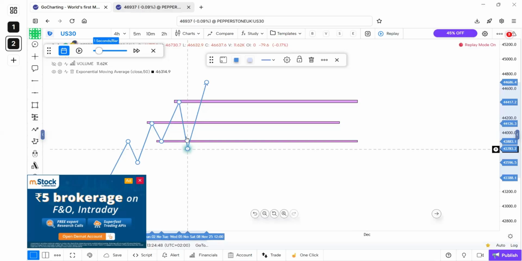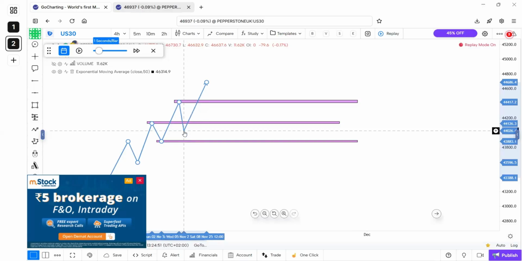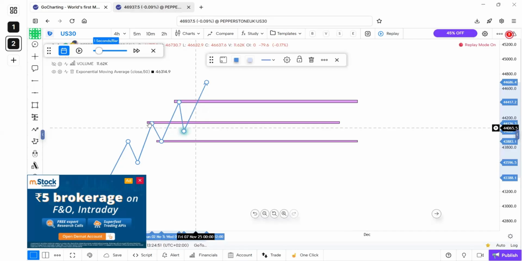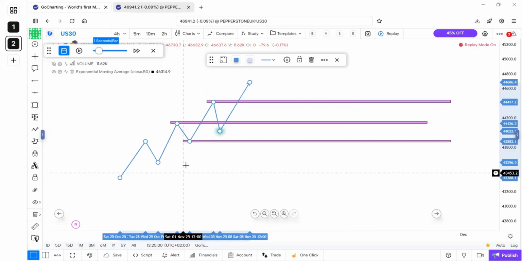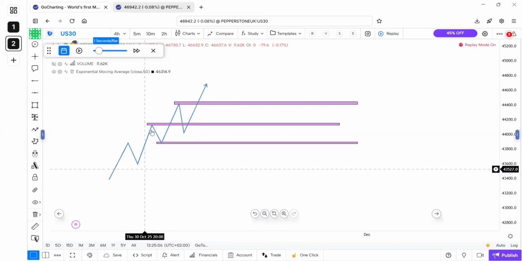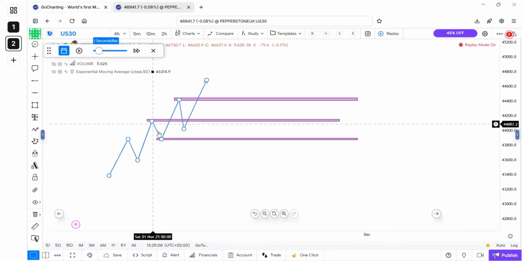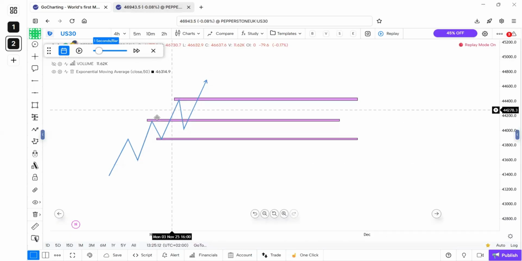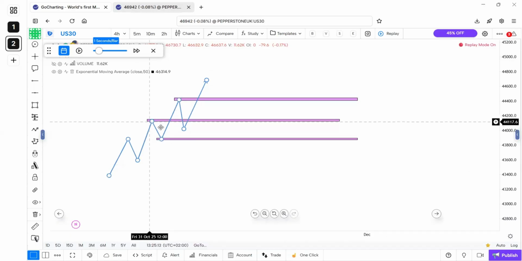But if the market does this, you will then use these zones to enter. So entries will come in there. Now, this is what ICC is all about. Let me show you. Over here, when the market broke the high, this is an indication.